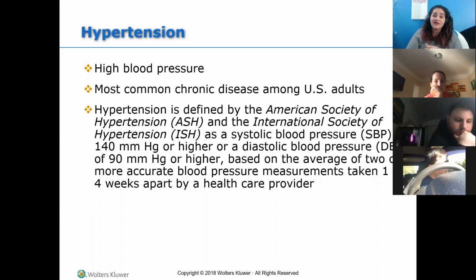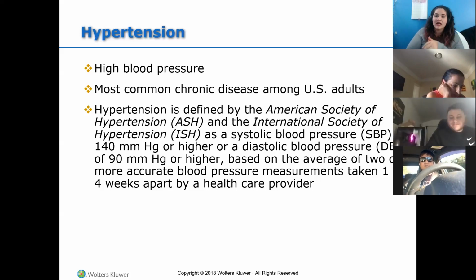That's very important. You cannot diagnose somebody with hypertension unless you are monitoring their blood pressure over a long period of time. Just because somebody has one high blood pressure reading doesn't mean they automatically have hypertension.